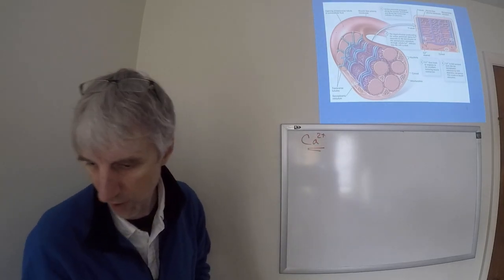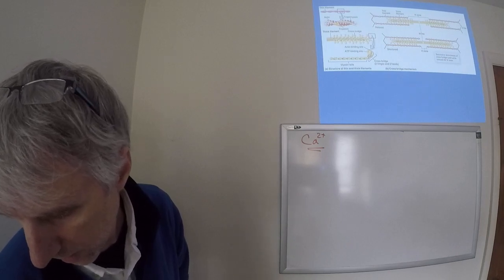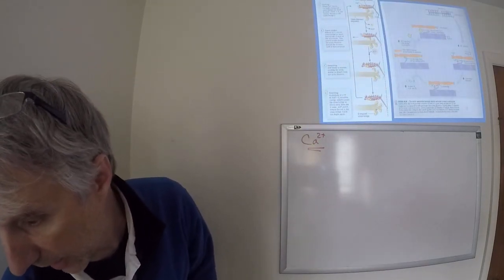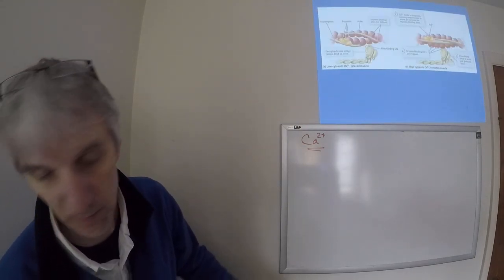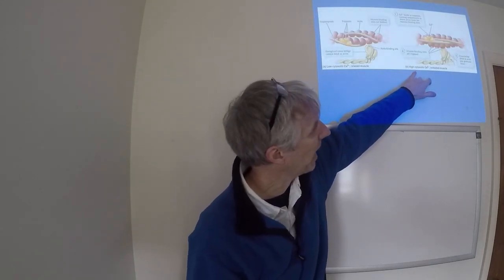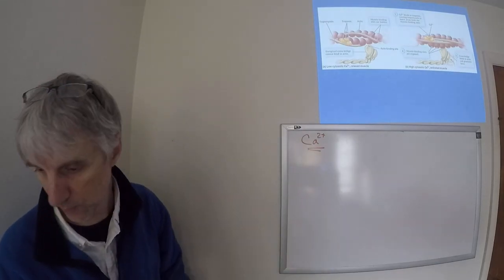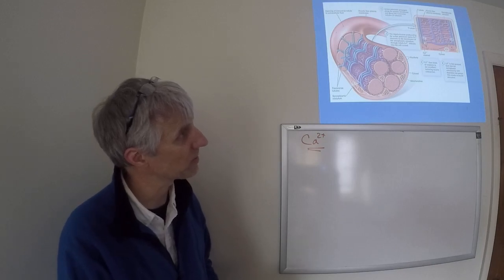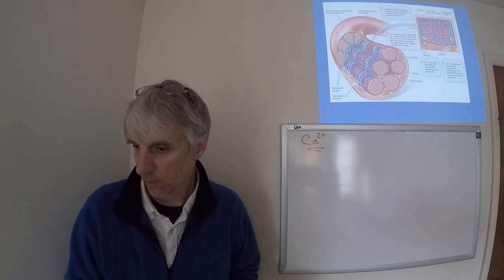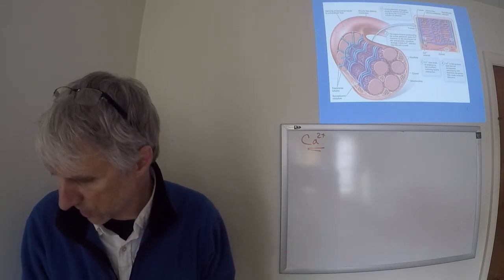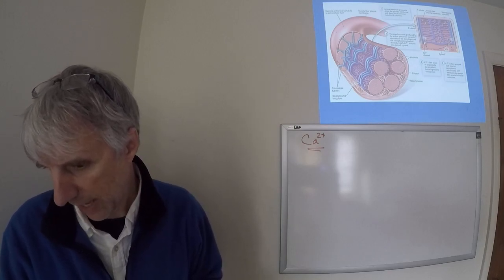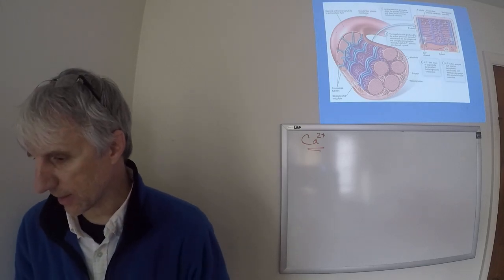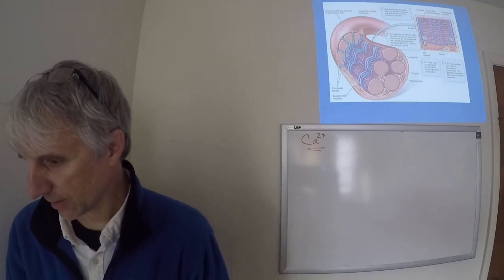We know from this figure here, when calcium levels are high, high calcium leads to the cross-bridge binding, right? So we know that calcium is important in this overall mechanism, but what we need to do is talk more specifically about the calcium and what's happening at that level. Okay?